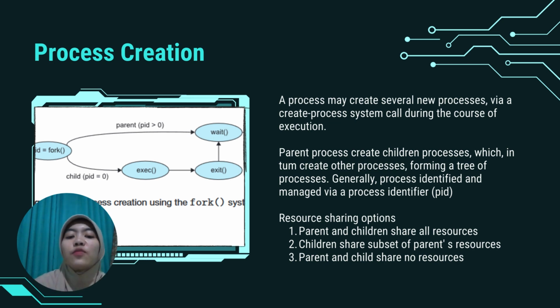So, process creation involves the creation of new processes by a parent process, forming a hierarchical structure. Various system calls are used to manage the creation, identification, and execution of processes, ensuring efficient resource utilization and task execution in the operating system.